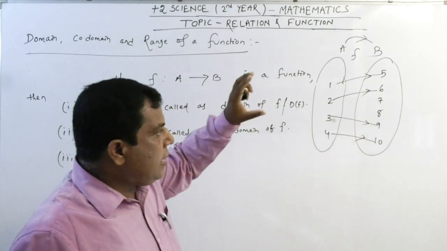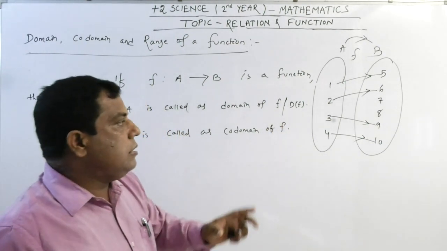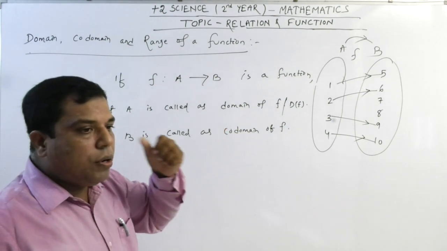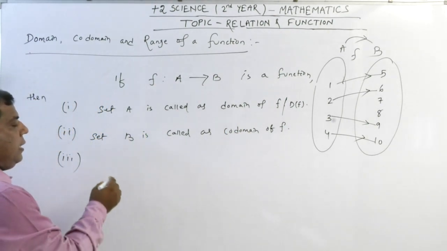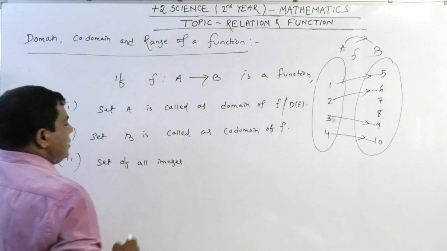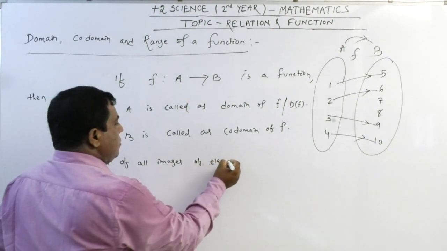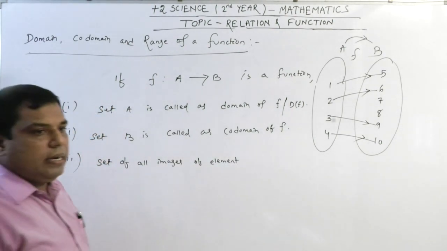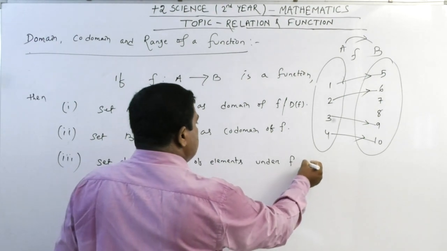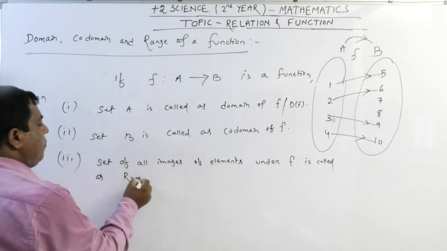The collection of these images, that set, we are calling the range. So what do we write? The set of all images of elements under f is called the range of f.